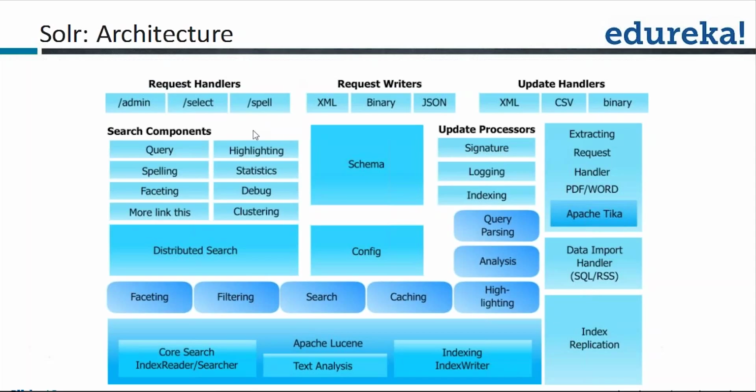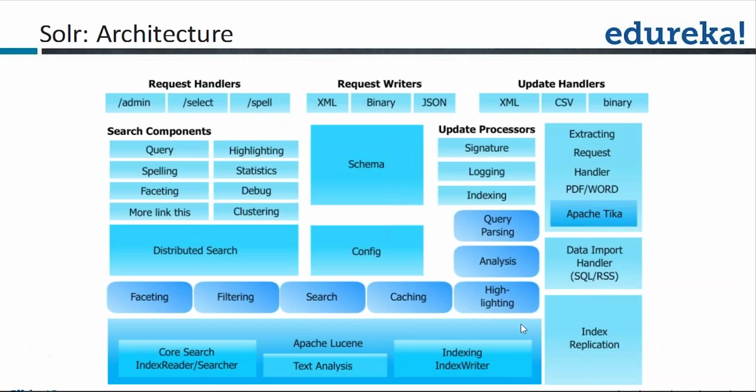Then we have the data import handler as well, which is also a type of request handler, and which you can configure to be accessible at, say, /dataimport. You can configure that on that particular REST API, and you have another configuration file which lets you import the data from RSS feeds or any traditional database you would like to bring into your Solr. So this is something which can also be achieved through Solr.